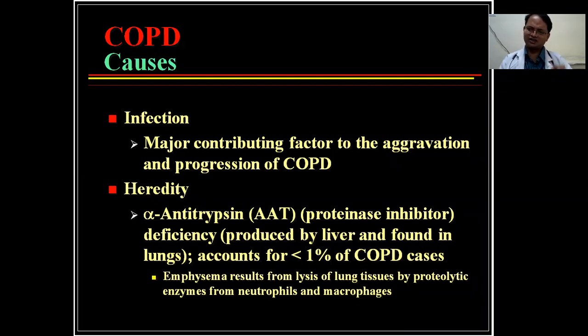This enzyme usually is produced by the liver, and it is also supplied to the lungs, and in the deficiency of this enzyme, there will be increased proteolytic changes occurring, and there will be lysis of the lung tissues, which are caused by the prevalent neutrophils and macrophages.